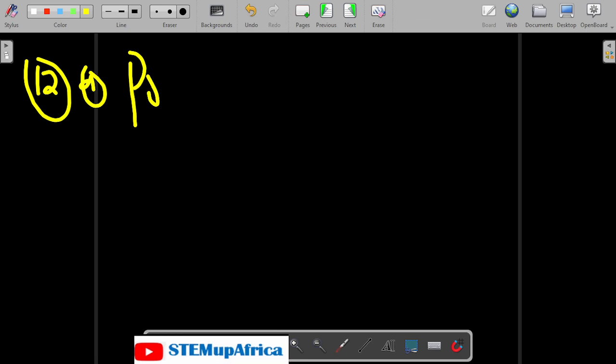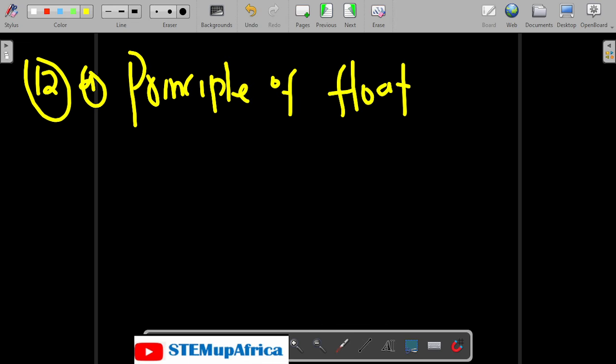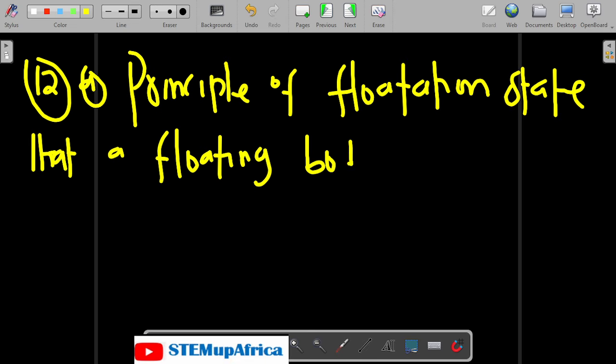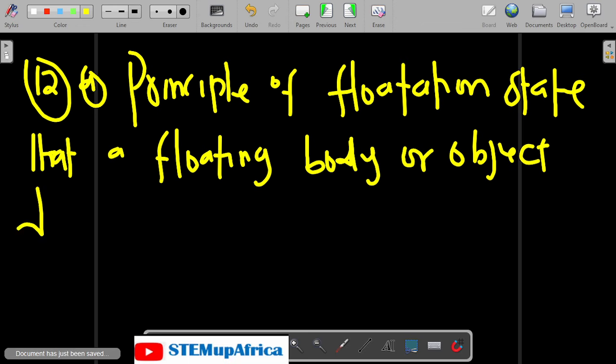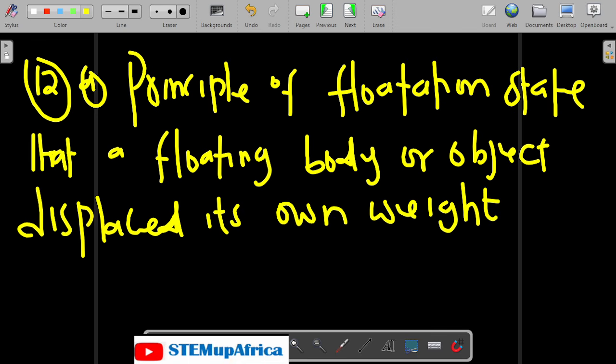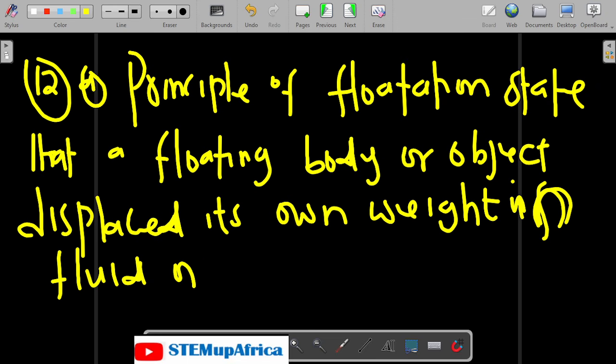Principle of flotation states that a floating body or object displaces its own weight in fluid on which it floats.